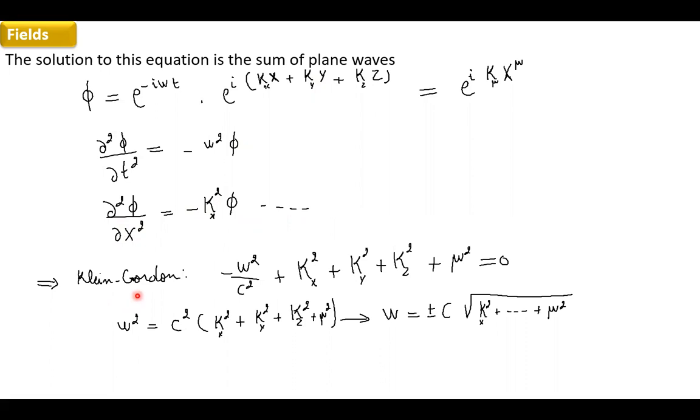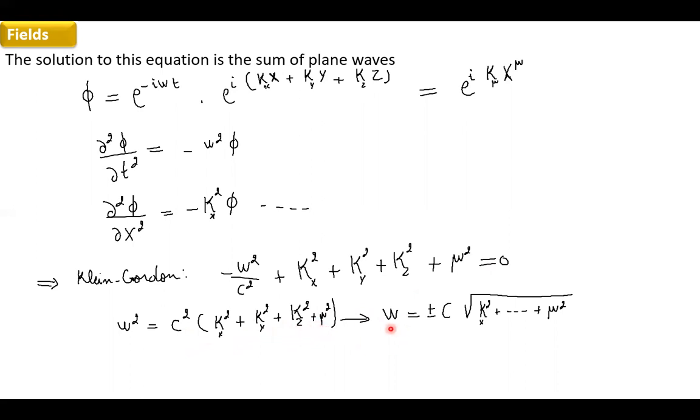So if you put this in the Klein-Gordon equation, you will get minus omega squared over c squared plus kx squared plus ky squared plus kz squared plus mu squared, which is equal to 0. So omega squared is equal to c squared times kx squared plus ky squared plus kz squared plus mu squared.